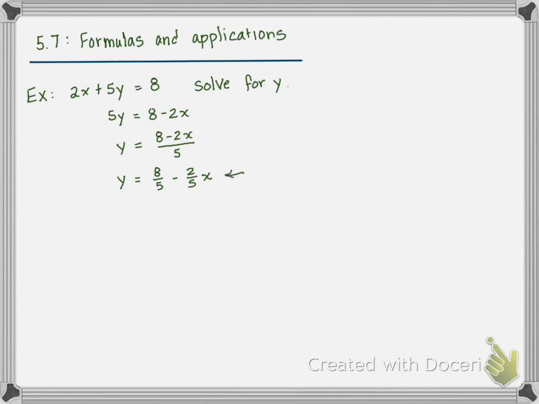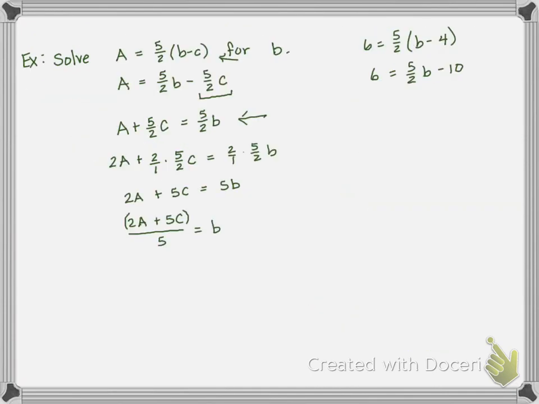So we distributed the division just like we can with multiplication. So we could do that same thing here and say this is 2a over 5 plus 5c over 5 equals b. And now because I've split it into separate fractions, 5 is a factor of that second numerator. So I can cancel it. And so you'd get your 2/5 A plus C, that you were right. It should be.